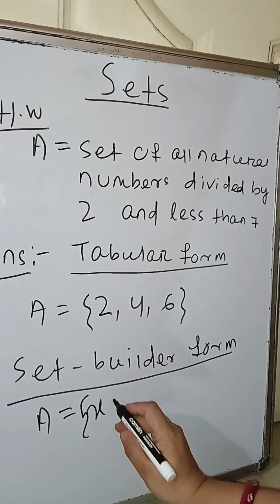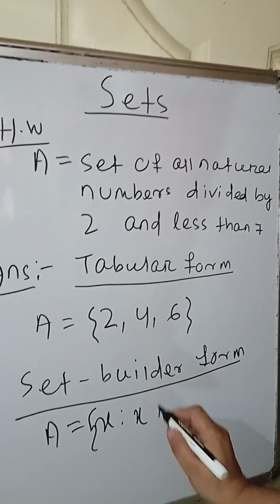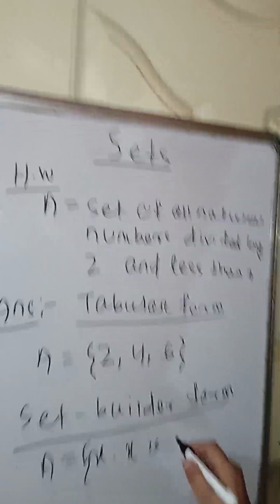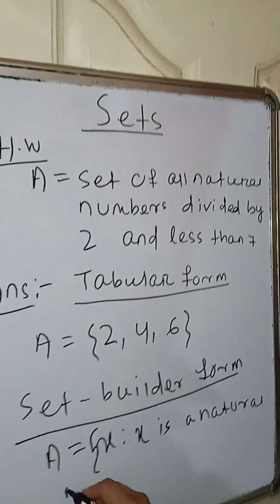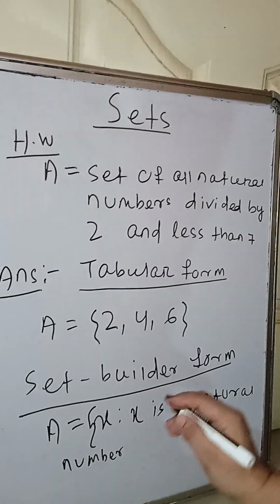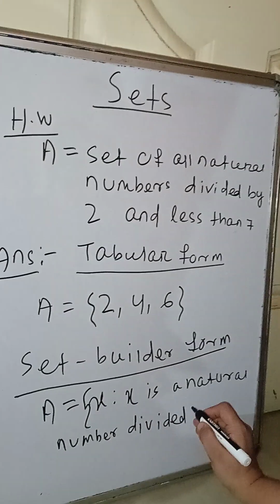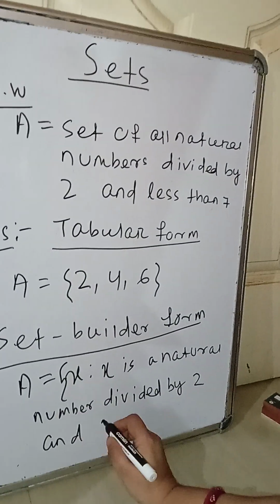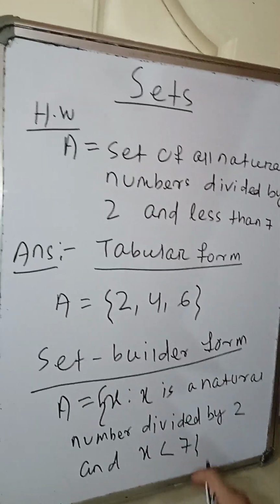So what is x here? x such that x is a natural number divided by 2 and x is less than 7, in curly bracket.